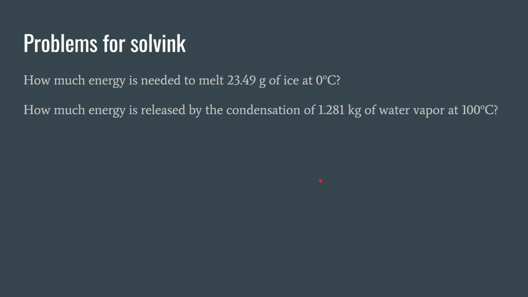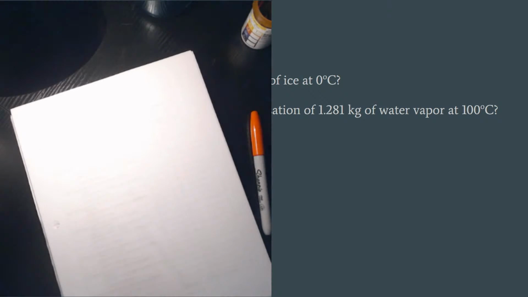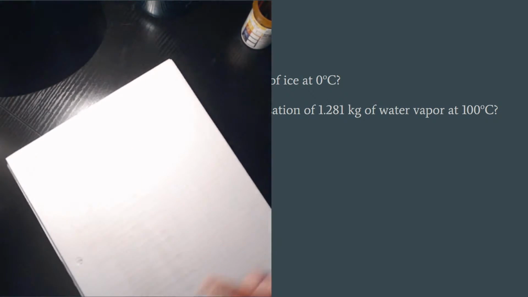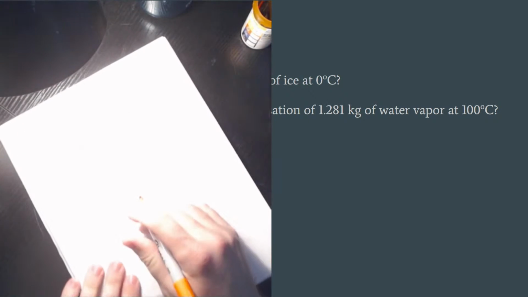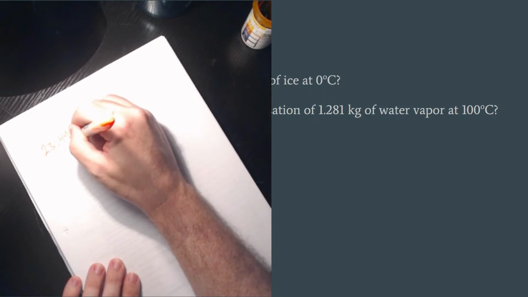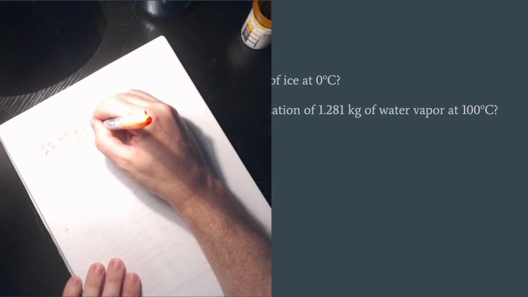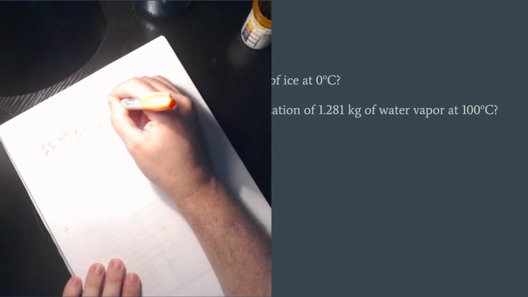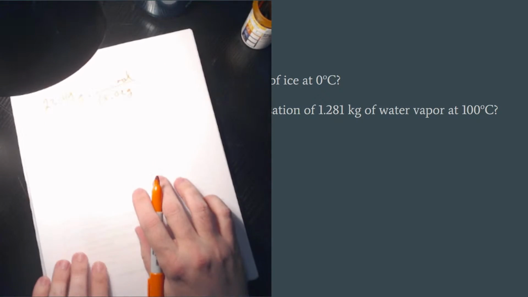All right, so how much energy is needed to melt 23.49 grams of ice at 0 degrees Celsius? Well, first, we're going to need to calculate the number of moles of water we have. 23.49 grams divided by 18.02 grams per mole.